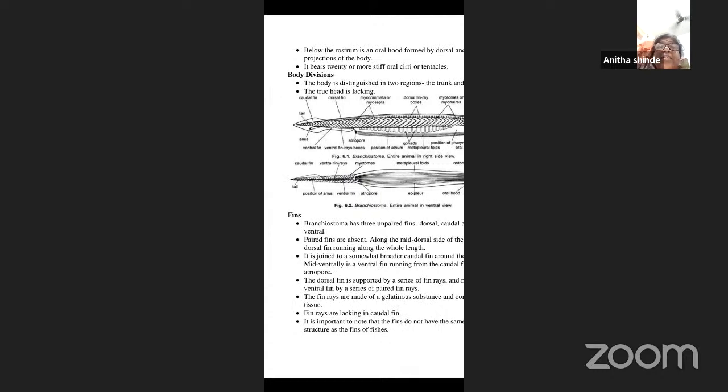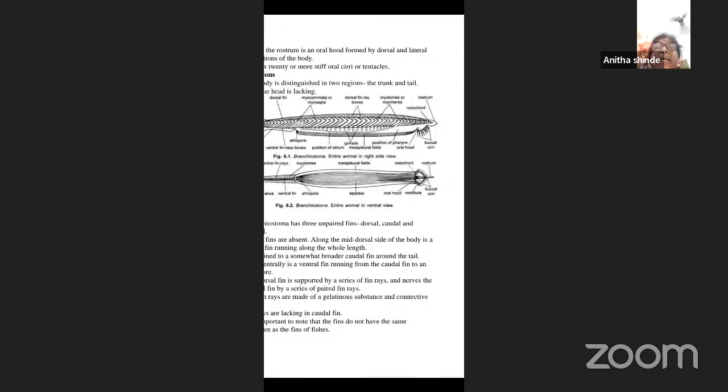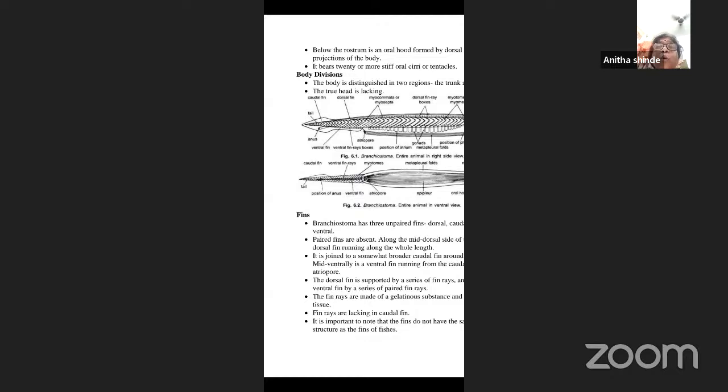The oral hood bears 20 or more stiff oral cirri or tentacles. This is the tail region, this is the posterior region, and here is the anterior region. This is the buccal cirri, this is the oral hood, and this is the rostrum.